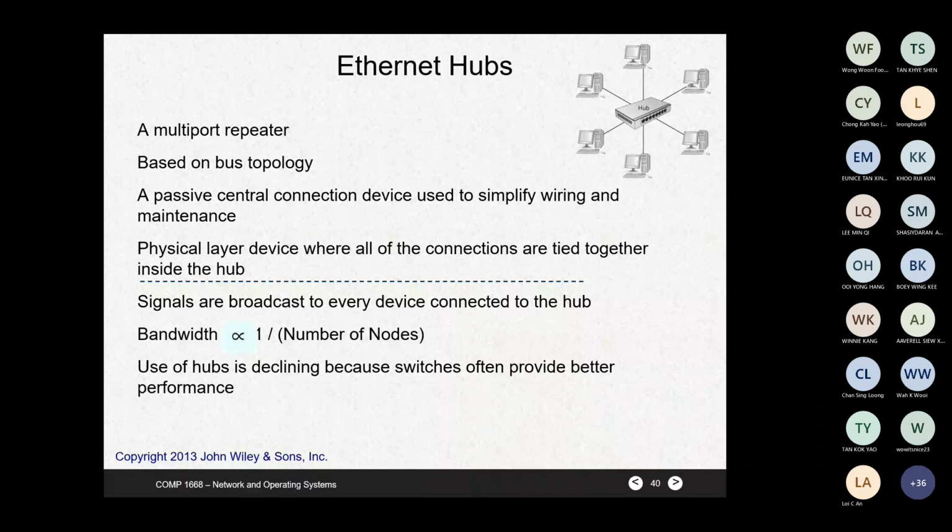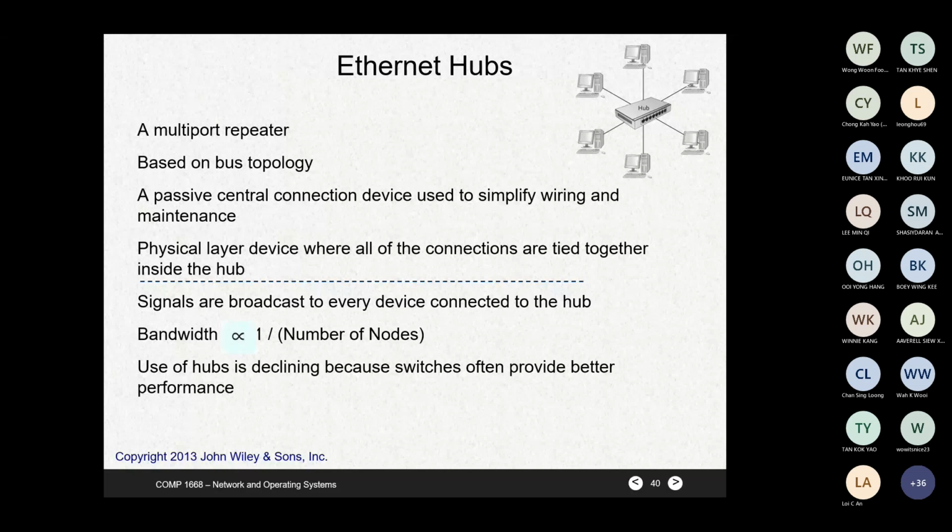And one or a couple of you mentioned earlier that hub works on passive connectivity. That is very true. There is a difference between active and passive connectivity.